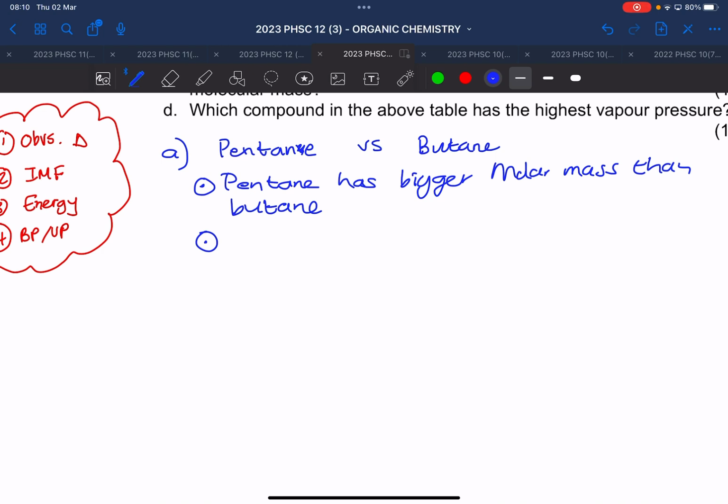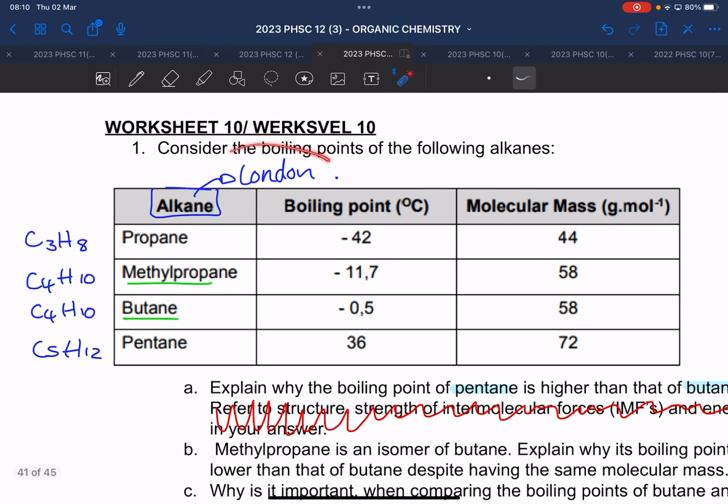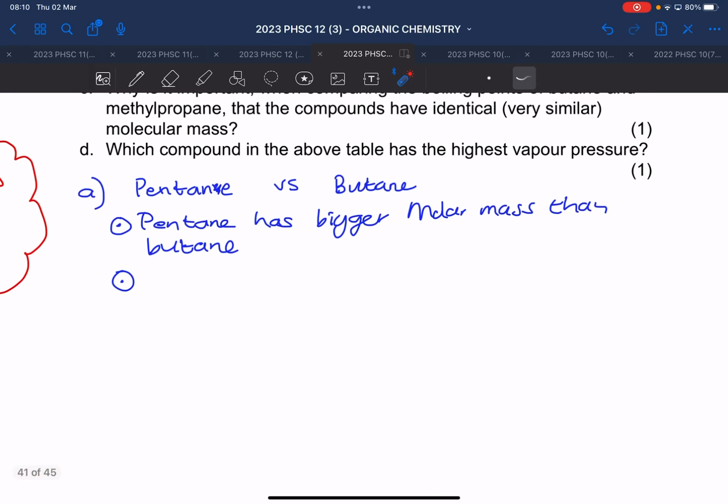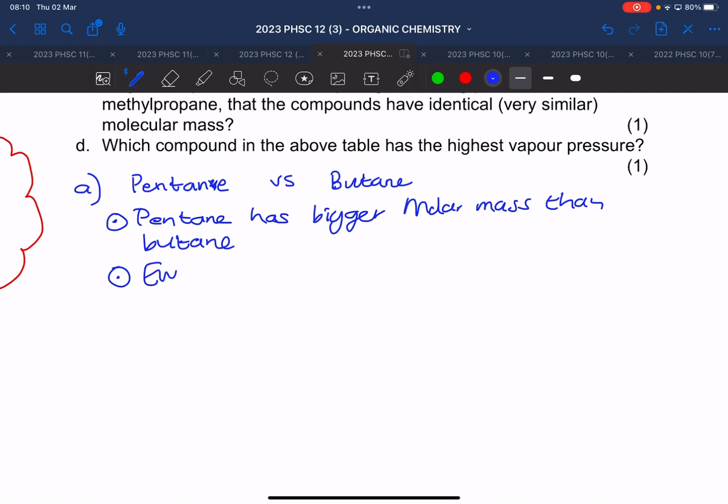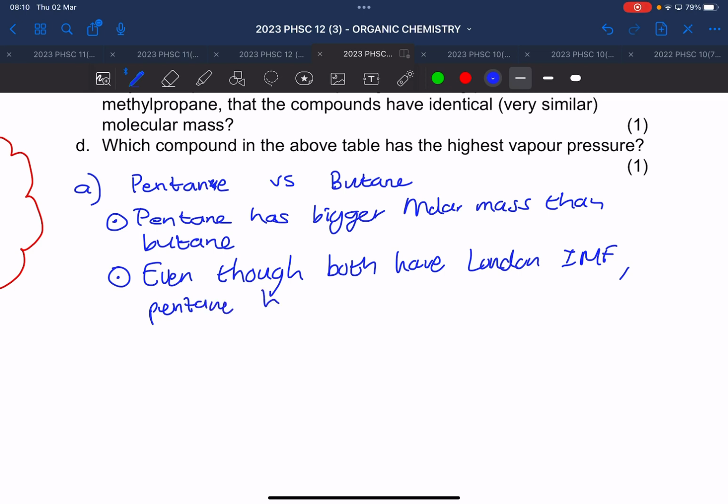Alright, so we said all the alkanes have London forces. So we're going to say, even though both have London intermolecular forces, pentane has stronger intermolecular forces.